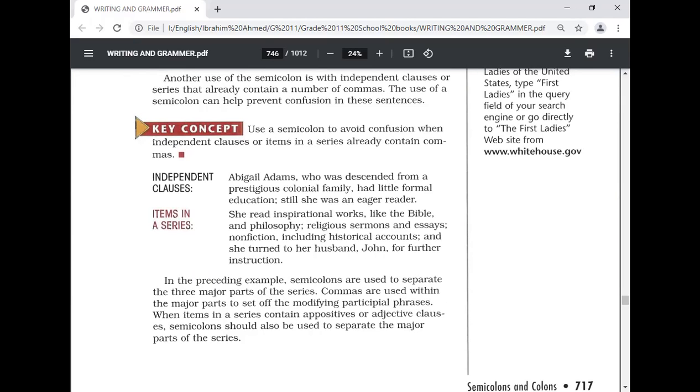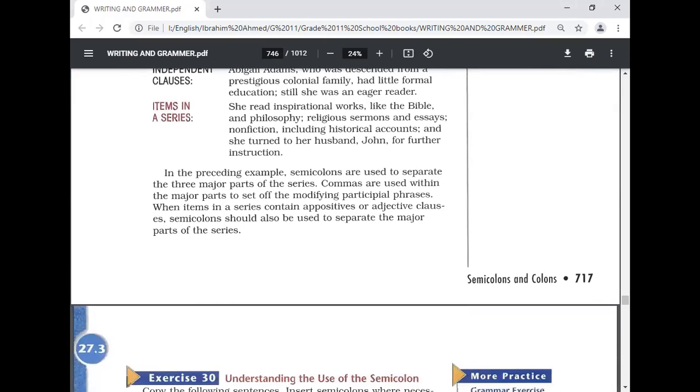Items in a series: she read inspirational works like the Bible and philosophy, religious sermons and essays, nonfiction, including historical accounts, and she turned to her husband, John, for further instruction. In the preceding example, semicolons are used to separate the three major parts of the series.